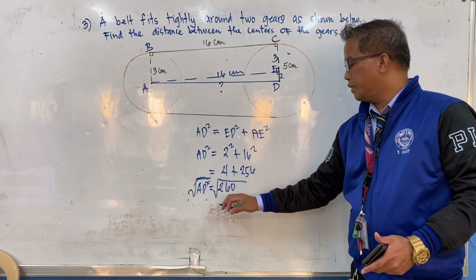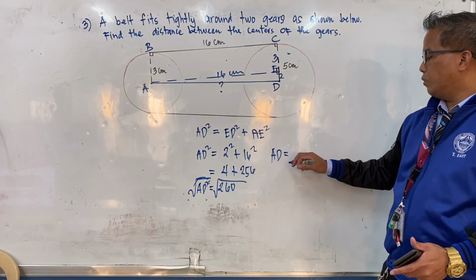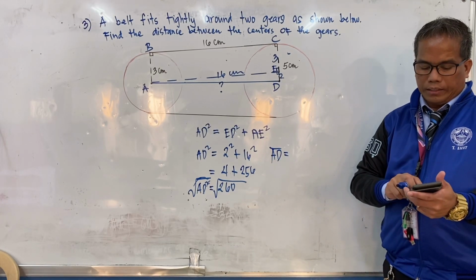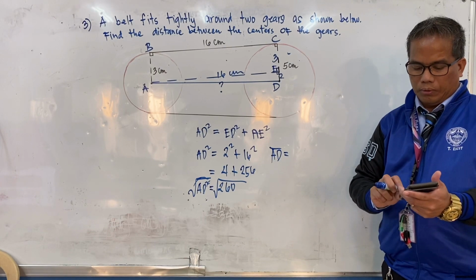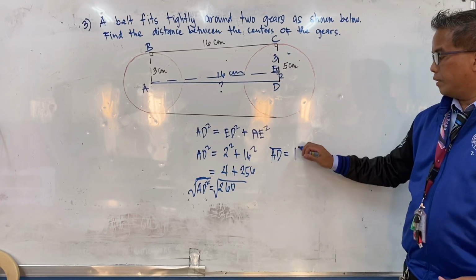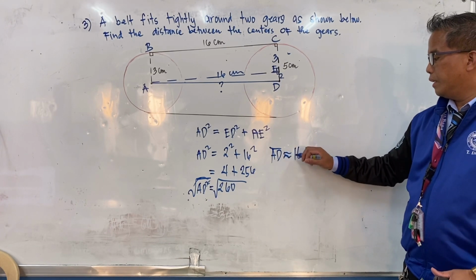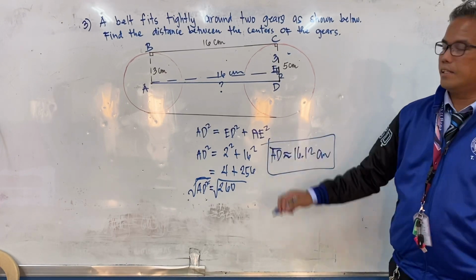So AD is equal to the square root of 260, which is 16.12. So approximately 16.12 cm is the distance.